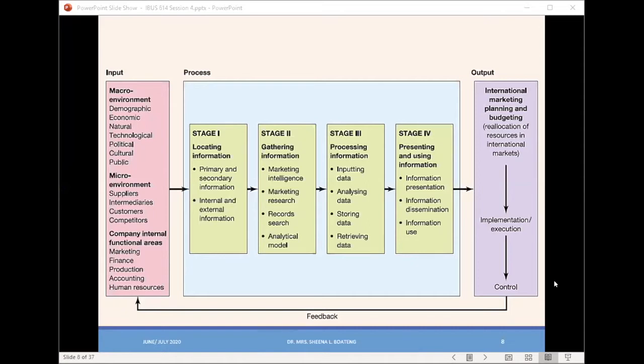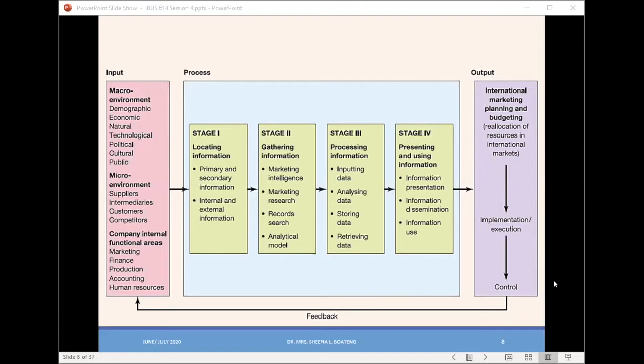Processing, presenting and using information are two very critical stages in this process, because it is at this stage that you can actually see the relevance or otherwise of all the information that you have gathered. And that is where the problems of our big data phenomenon originate from.